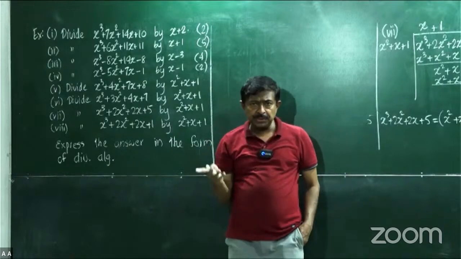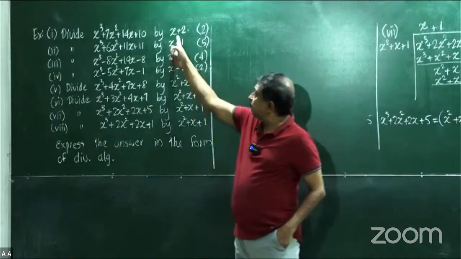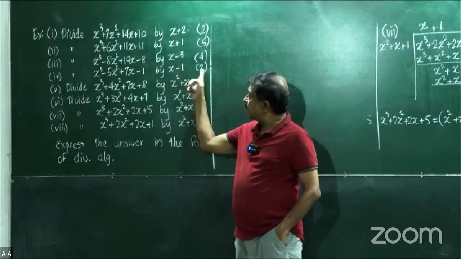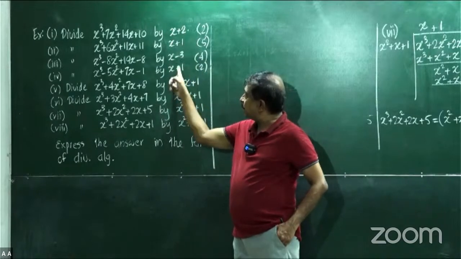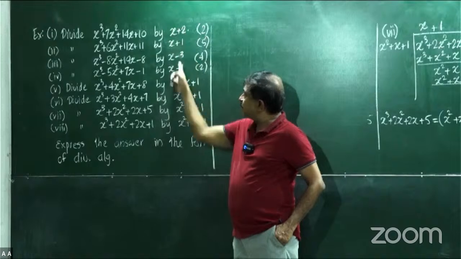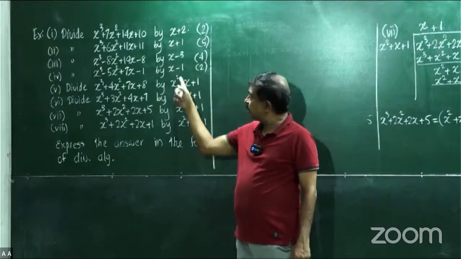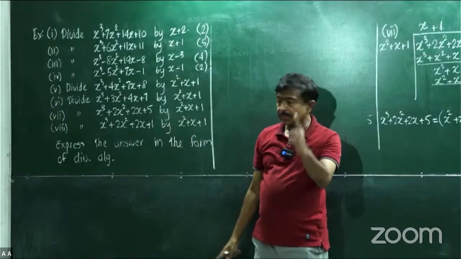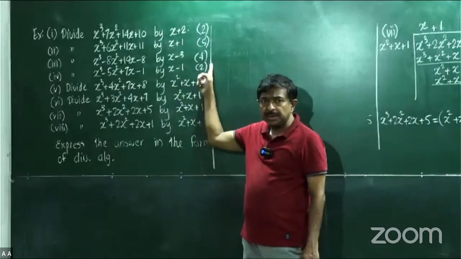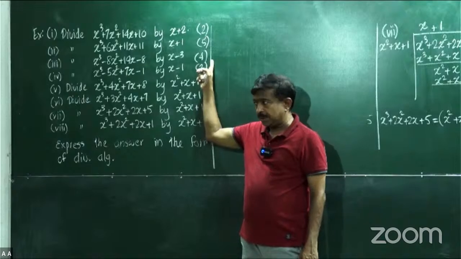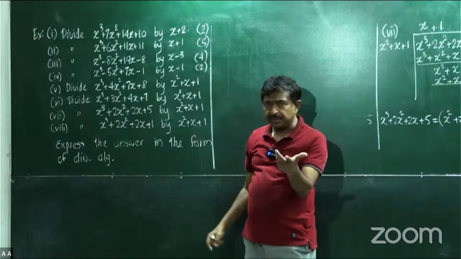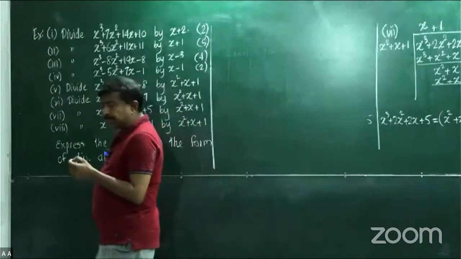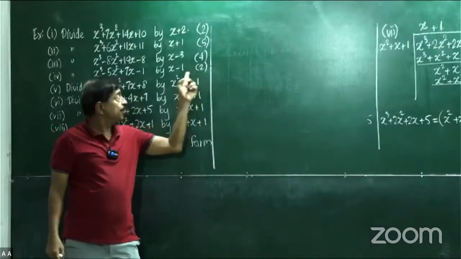They were the polynomials of degree 0. But all the divisors in the first four cases are of degree 1. So the remainders have degree 0.